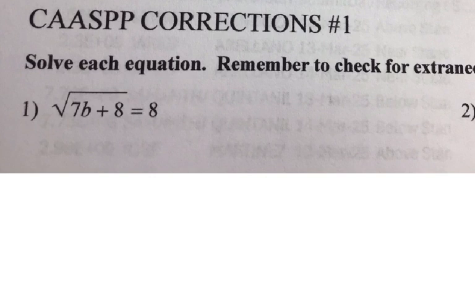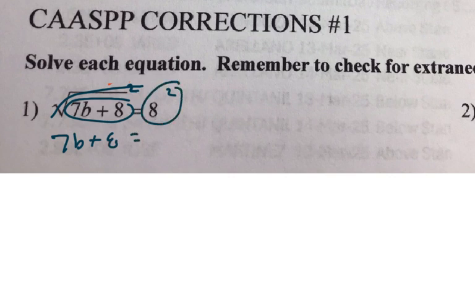And let's get started. So on number 1 here, notice I have a square root here. And the thing we have to remember is a square root, we have to remove the square root by using its inverse, which is the 2 power, the square power. So the first thing I'm going to do is square both sides. Now the square gets rid of the square root, so what I'm left with is what's inside. 7b plus 8 will equal.